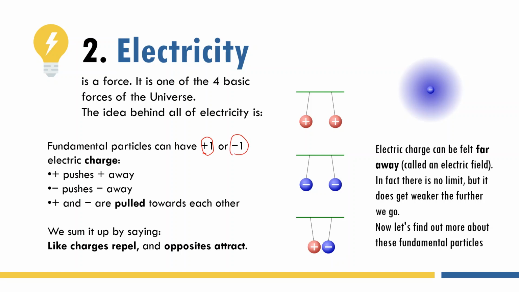If you put the positive close to the positive charge, they push each other away. They don't like each other. Also the same thing, if you put negative charge and negative charge close to each other, they also push each other away.